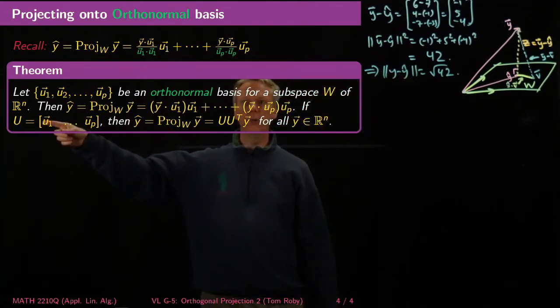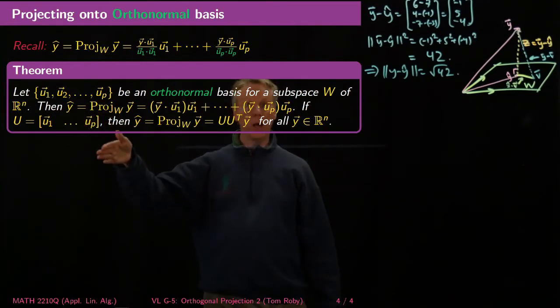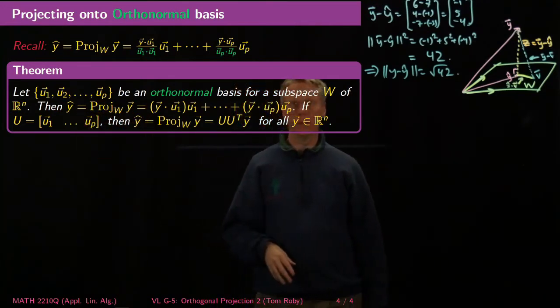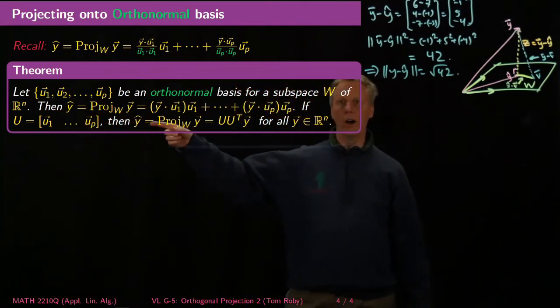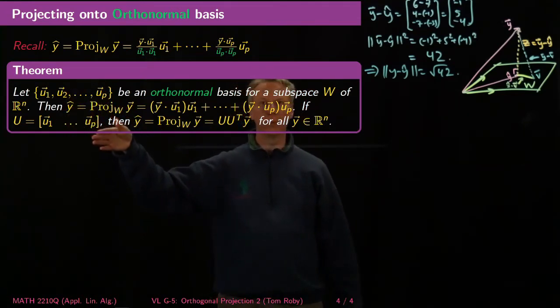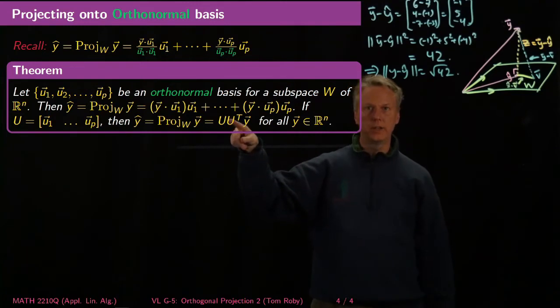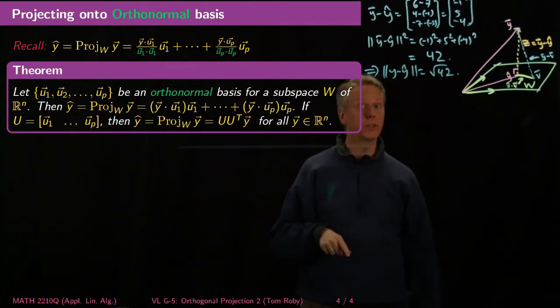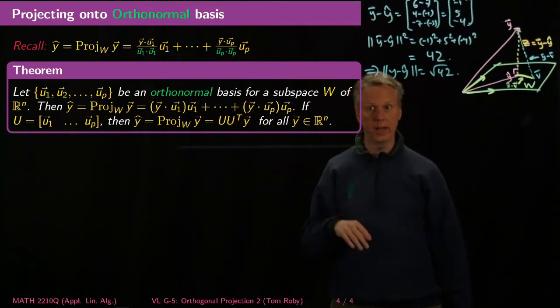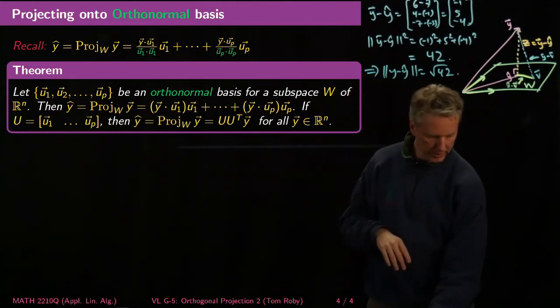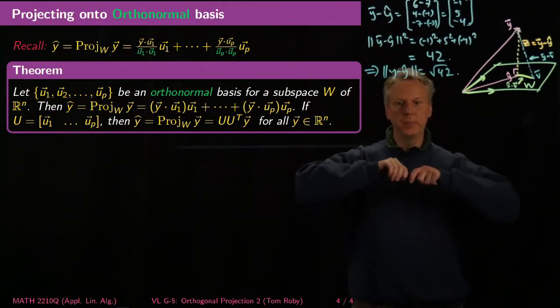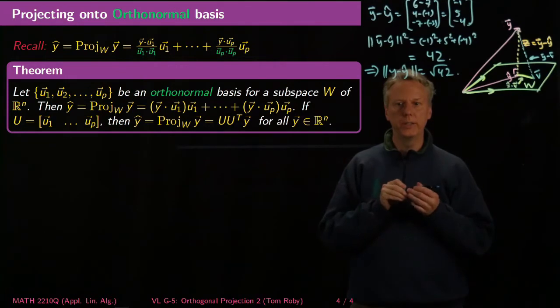So if I let U be the n by p matrix of these column vectors for the orthonormal basis, then I can compute this projection just as U times U transpose times the vector, for all vectors in R^n. This is really just something computational, but it's worth understanding because it's not too hard to see.